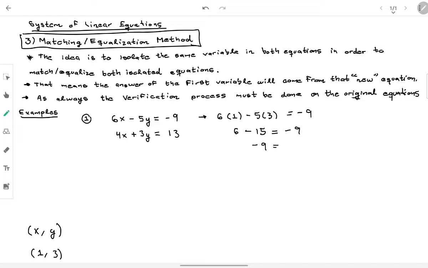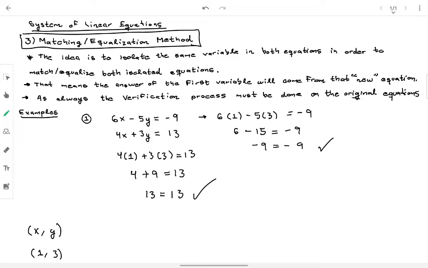Minus 9 equals minus 9. Okay. Let's check on the second one. 4 that multiplies 1 plus 3 that multiplies 3 equals 13. 4 plus 9 equals 13. 13 equals 13. So we have done correctly the verification process of the answers of this exercise.